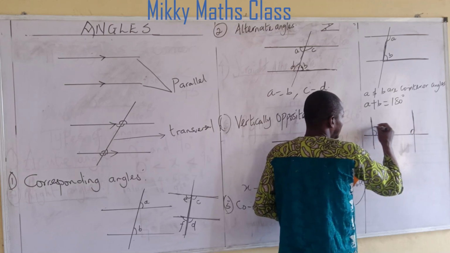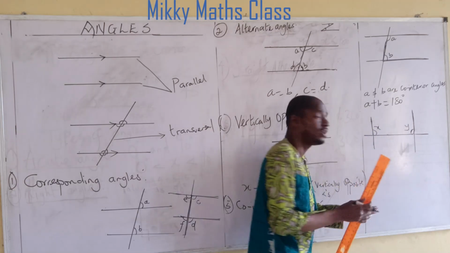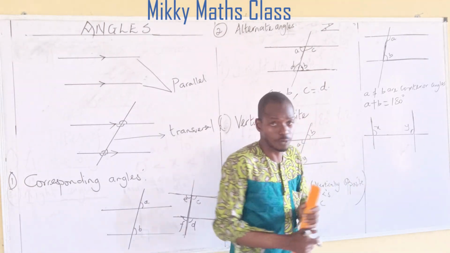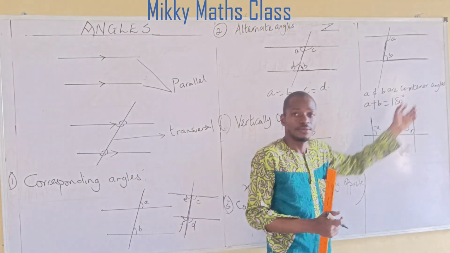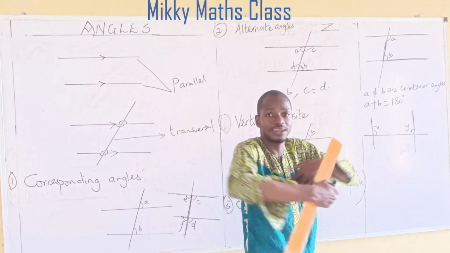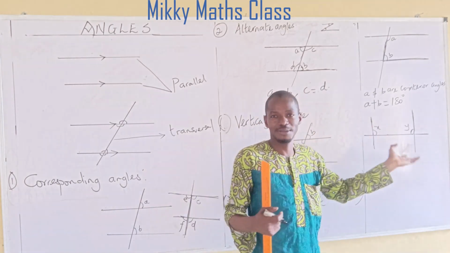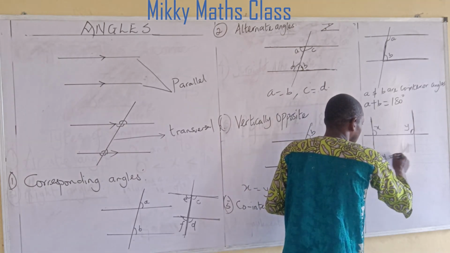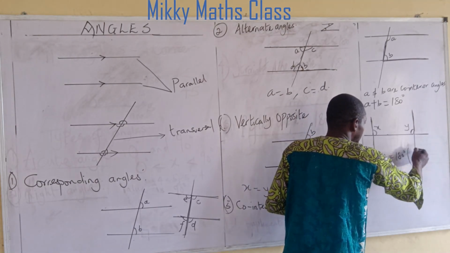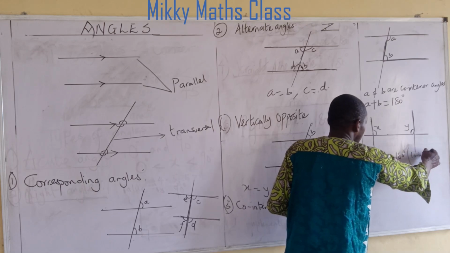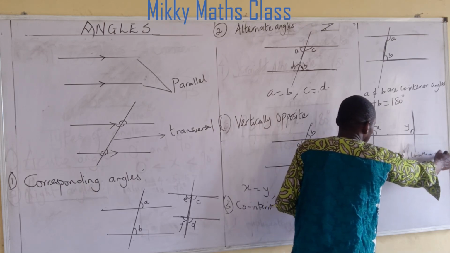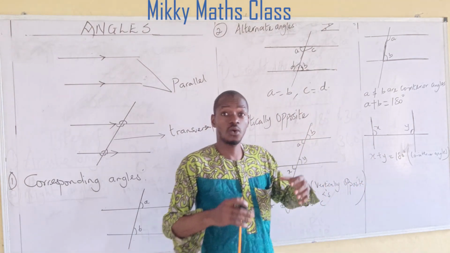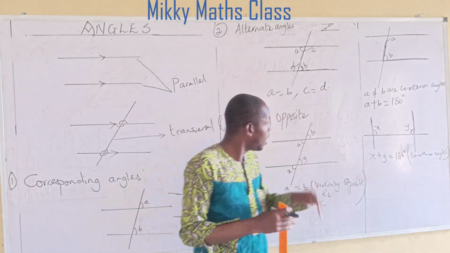So if here is X, here is Y, these two angles here are what we call co-interior also, because I can form my U. They are inside, they share the same household. Let me put it that way. X plus Y equals 180 degrees. So X and Y are said to be co-interior angles.